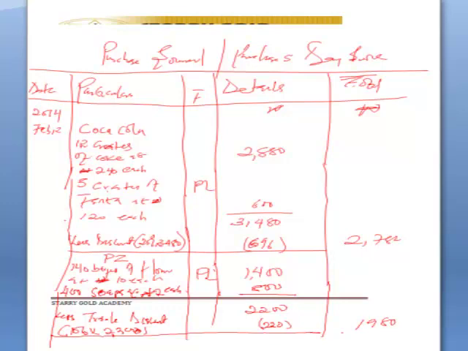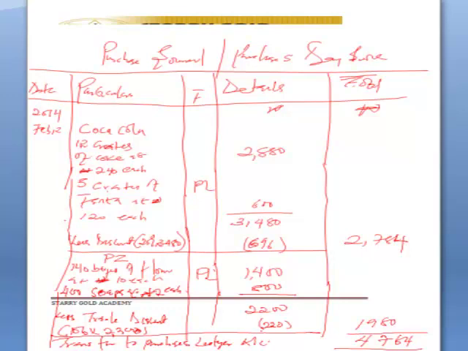And when we sum up the two values, we are going to have 4,764. And that is what we are transferring to the purchases ledger account.